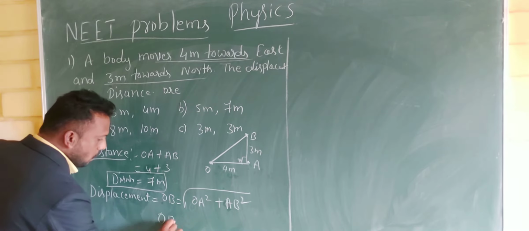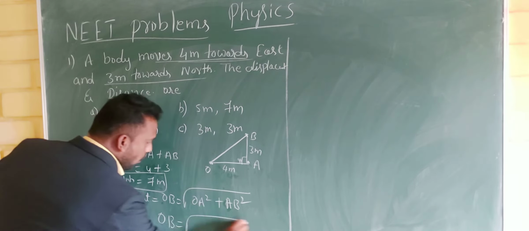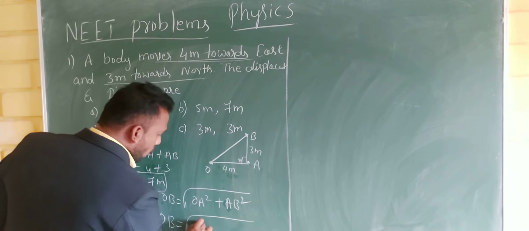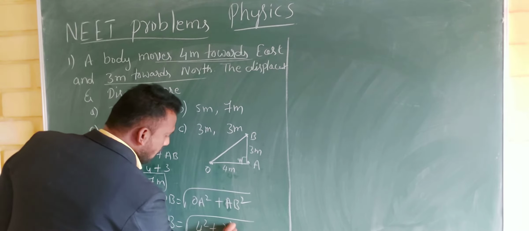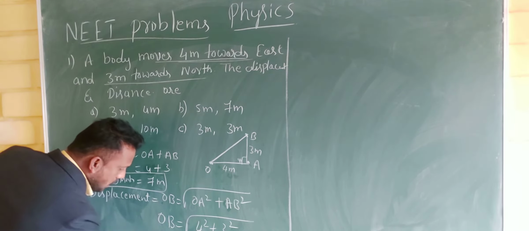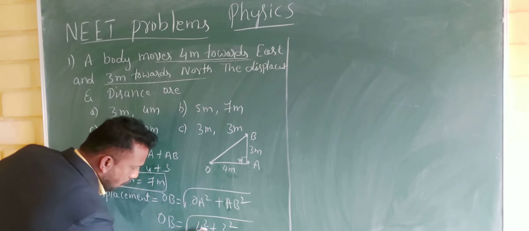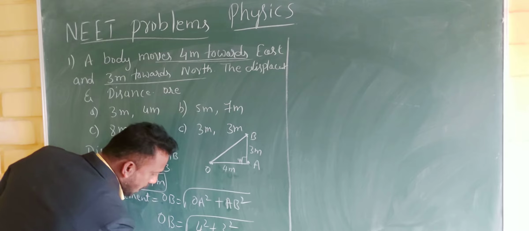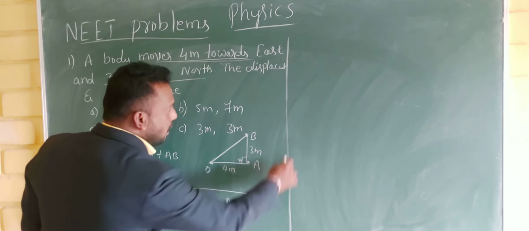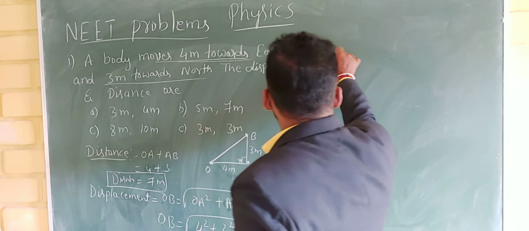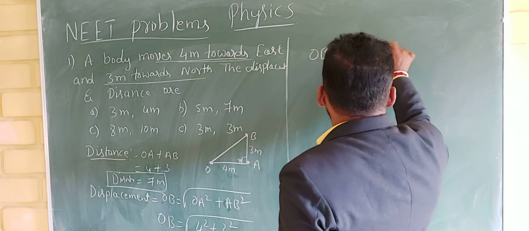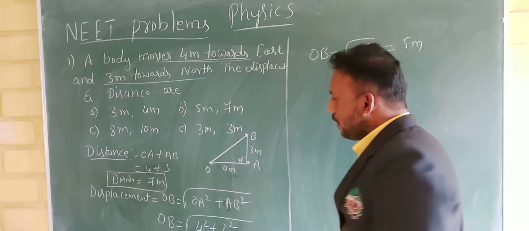OB is equal to square root of 4 square plus 3 square. Simplify: 4 square is 16, plus 9, is 25. OB is equal to square root of 25, that is equal to 5 meter.